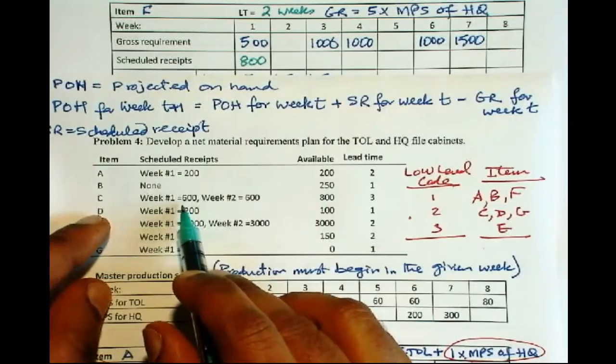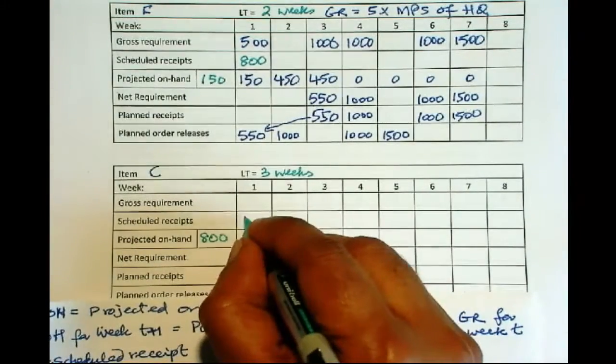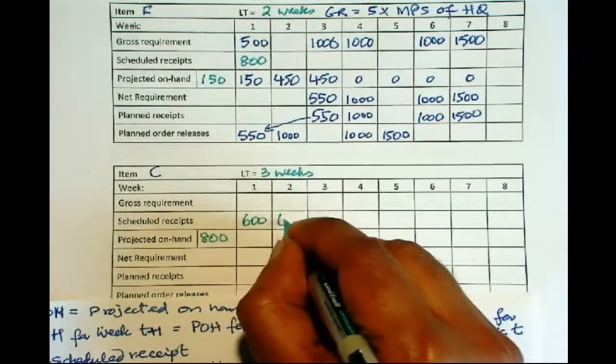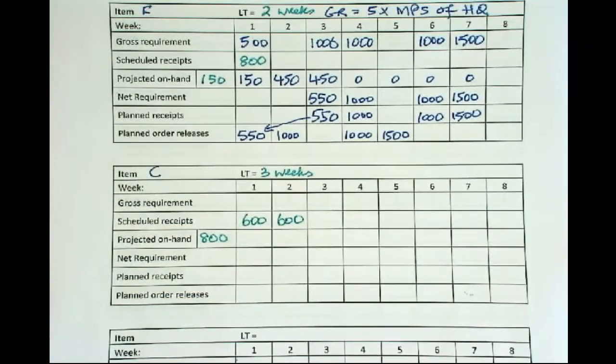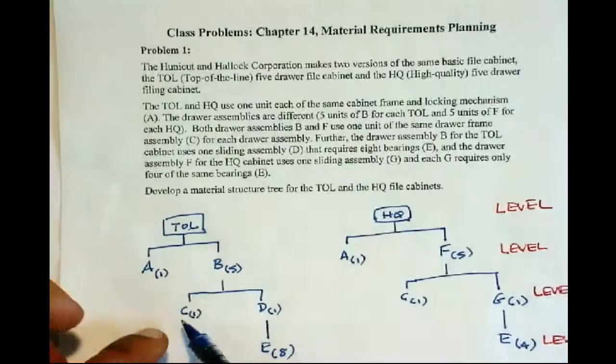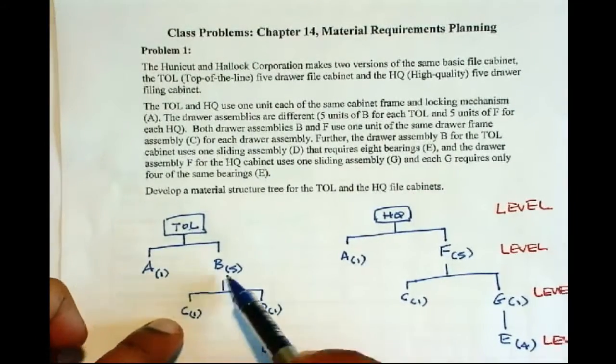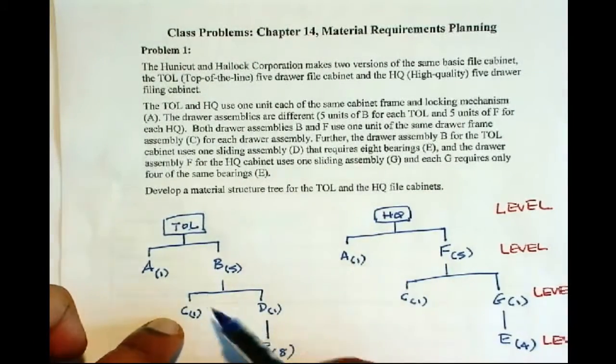We get 600 and 600 of scheduled receipts. And the gross requirement for C, and there are 2 of them, they come from B and F.